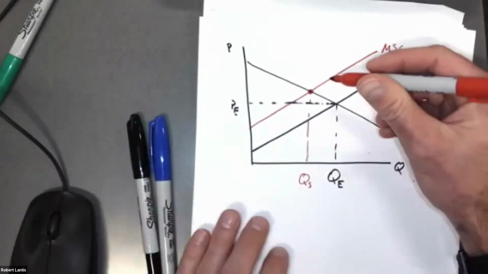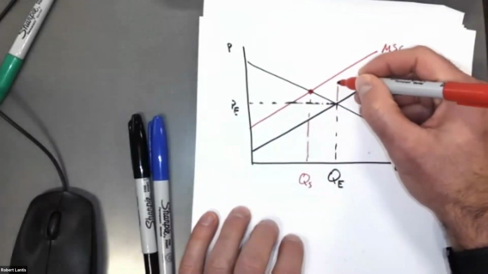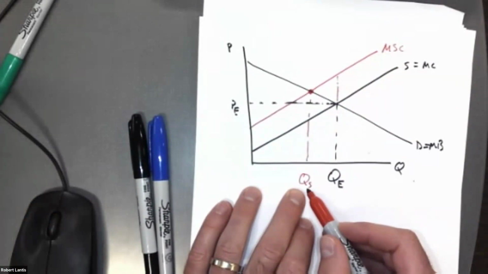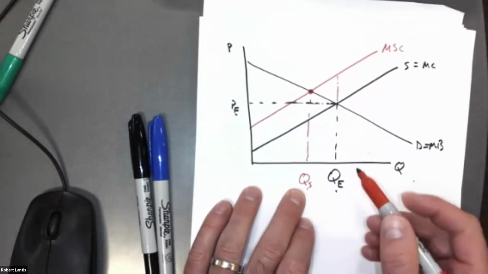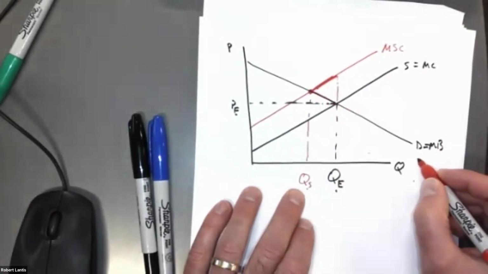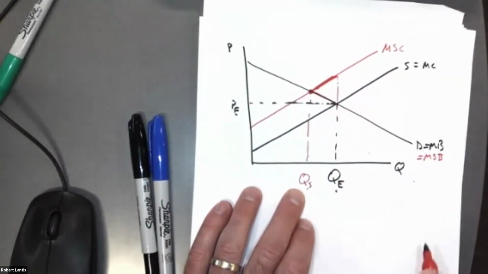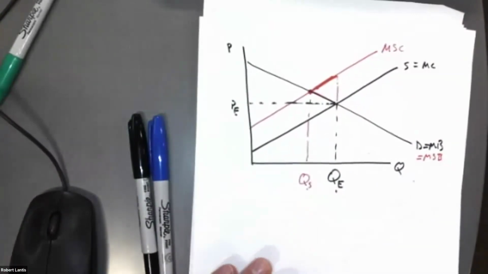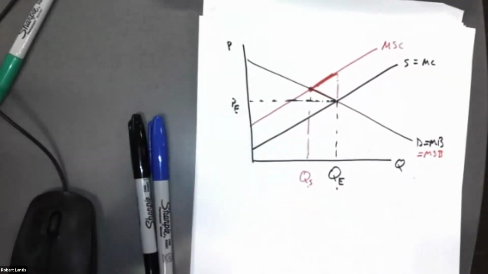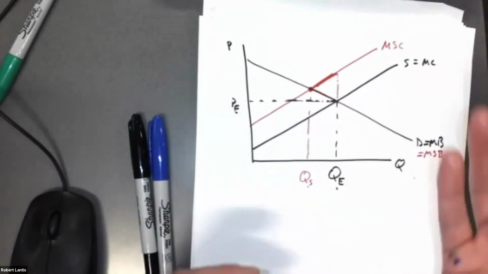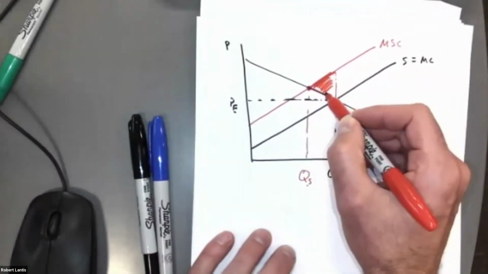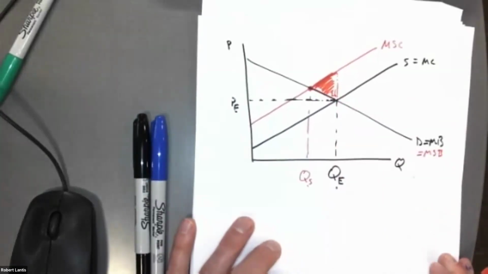Well, if we wanted to calculate deadweight loss, we said for every unit in between the socially efficient quantity and the market equilibrium quantity, the marginal social costs are greater than the marginal social benefits. So there, our surplus from those units would be negative to society, right? Benefits would be less than the costs. So this area represents our deadweight loss.